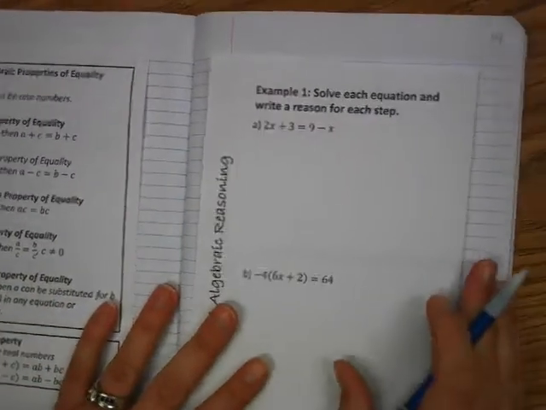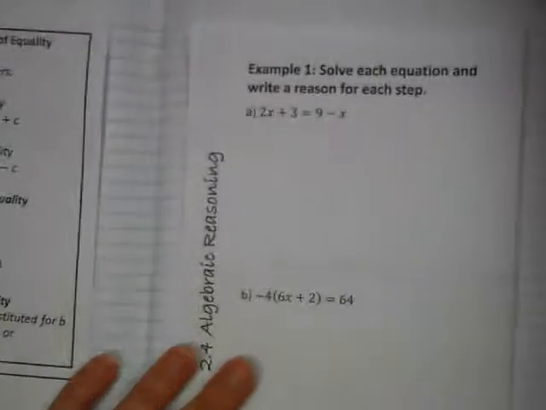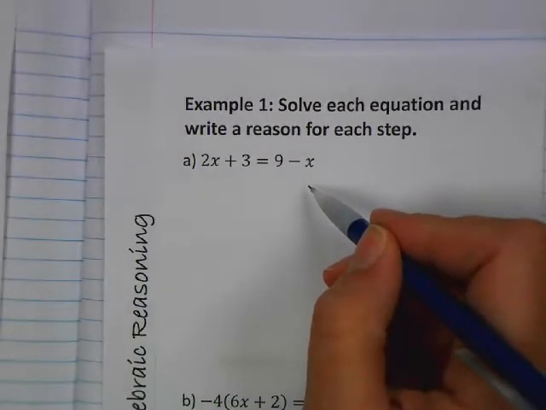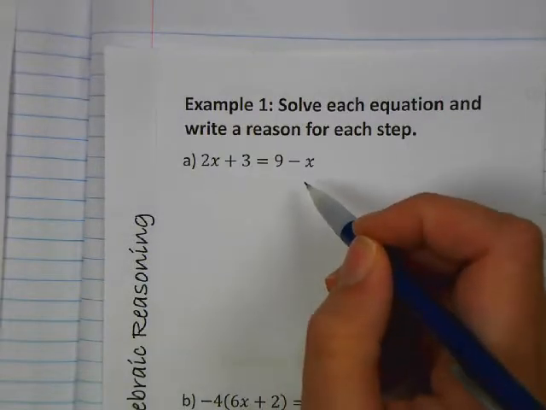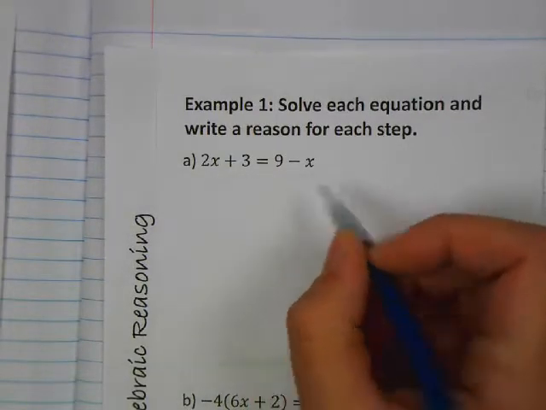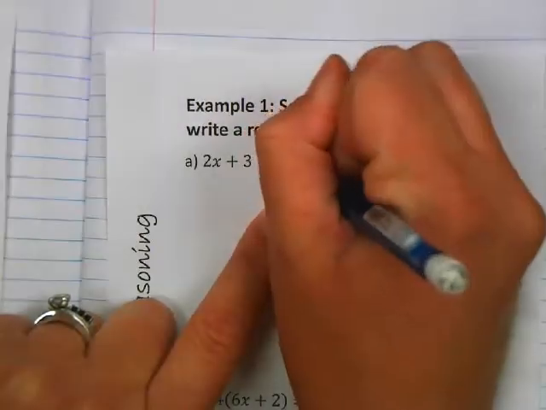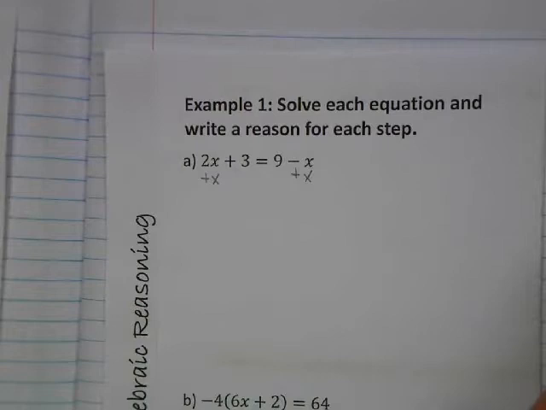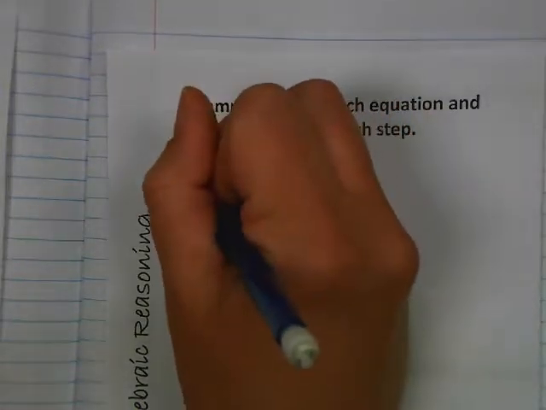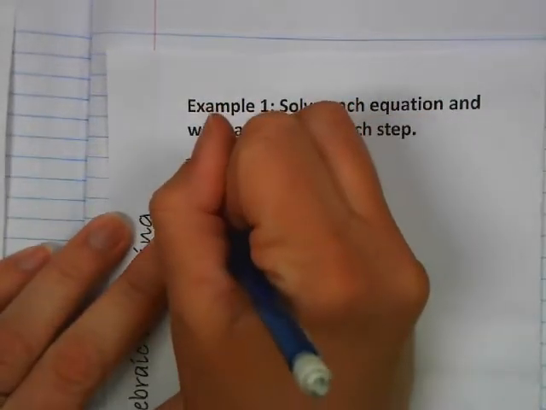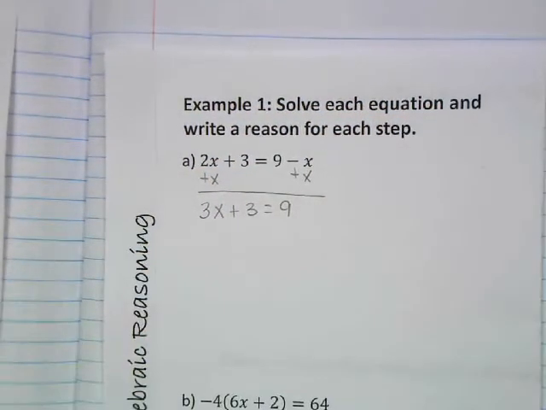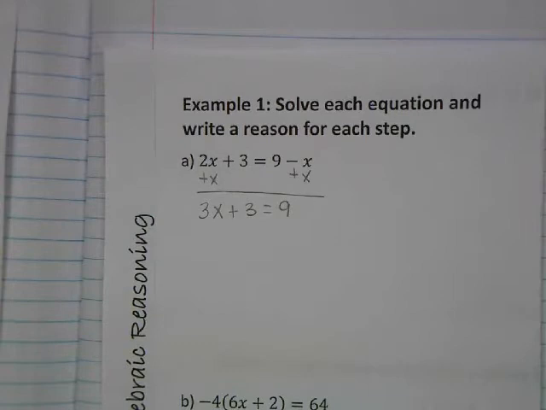So if you were to solve this equation, the very first thing you should do is collect all your variables on one side. And I could do that by adding x to both sides. So if I add x to both sides, I now have 3x plus 3 equals 9. So what you want to do is write a reason for that step.